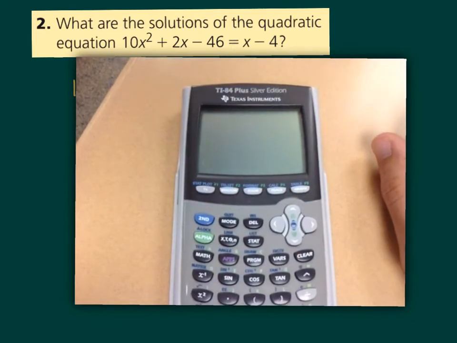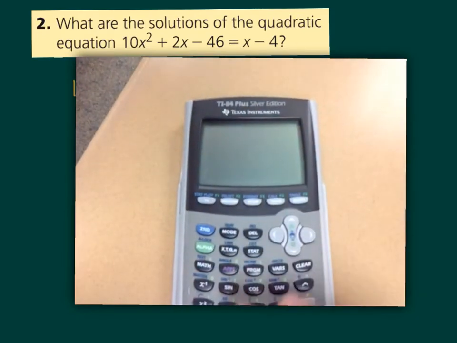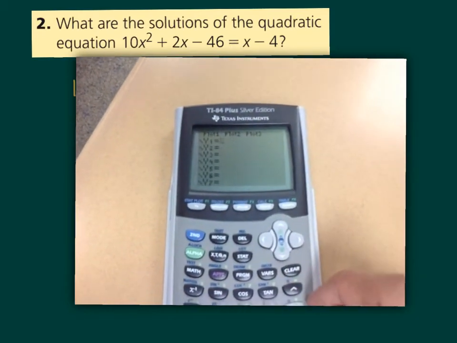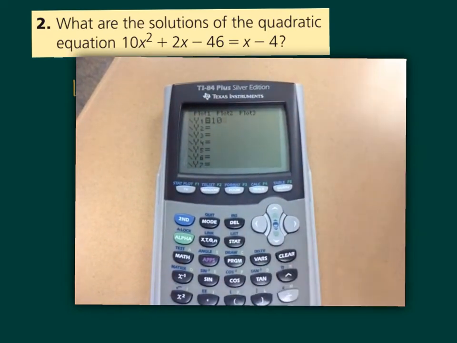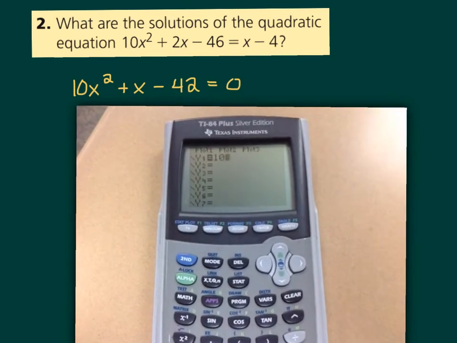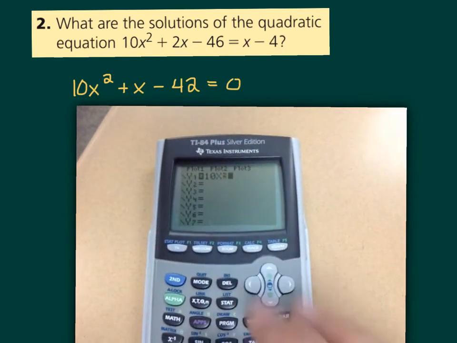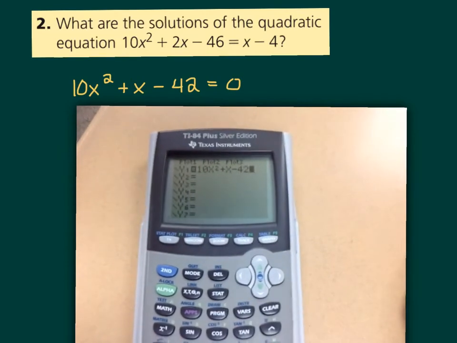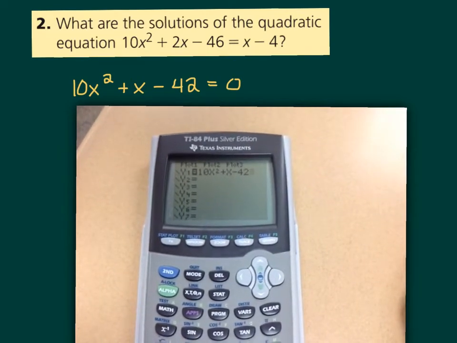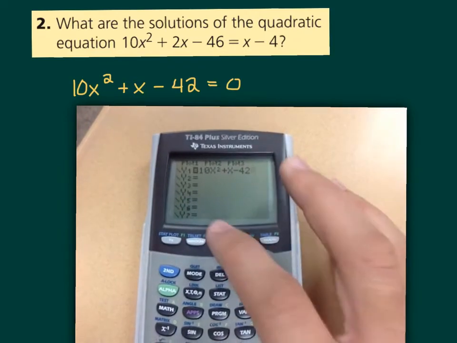Okay, we're going to graph this one. So you go into y equals, make sure everything's empty, and you're going to put in that equation that I had written down right there: 10x squared plus x minus 42. We want to graph this.